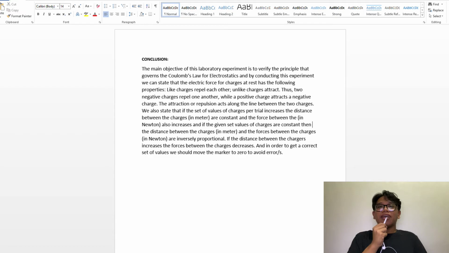Like charges repel each other, unlike charges attract. Thus, two negative charges repel one another, while a positive charge attracts a negative charge. The attraction or repulsion acts along the line between the two charges. Now here is Mr. Fantilanan to continue discussing our conclusion.